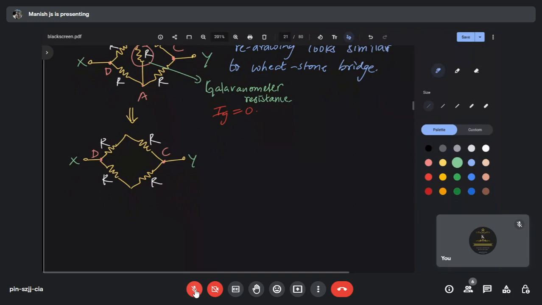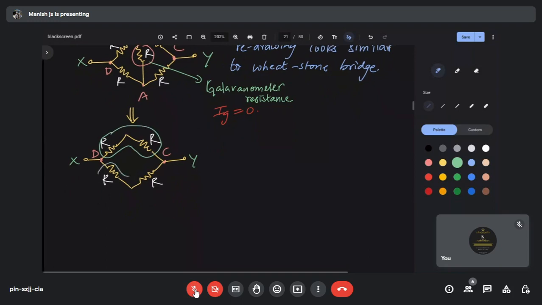So the two resistors R and R, what combination are they in? Series, sir. Yes, they are in series. So further, how can we write it? You can redraw them with a single resistance.